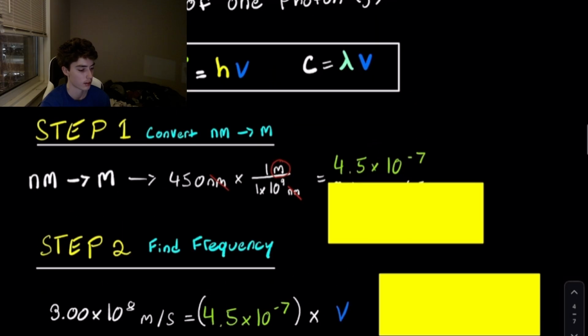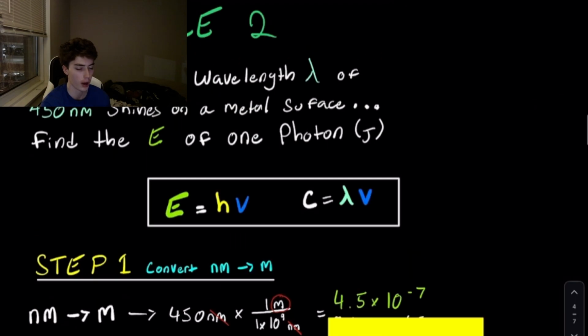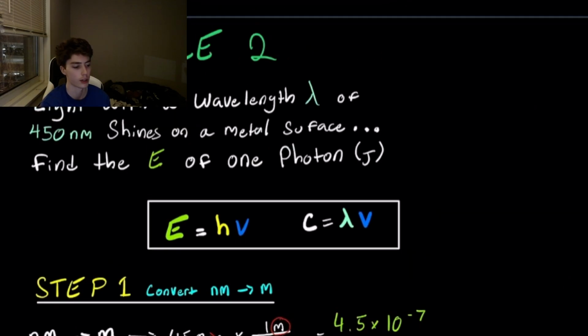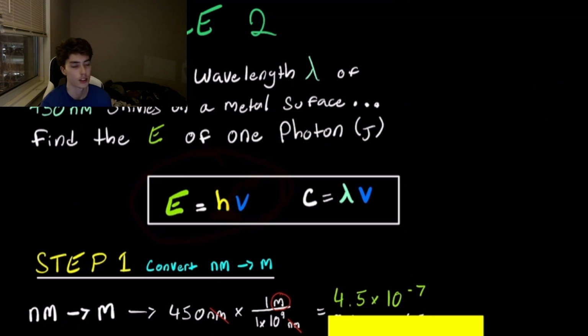Now we can ignore this equation, we already did this. The question is looking for the energy, so what equation solves for the energy? This one right here. Now we have the frequency, and we already have Planck's constant, so we can just solve it.